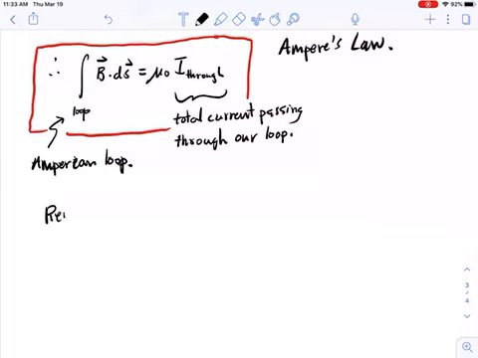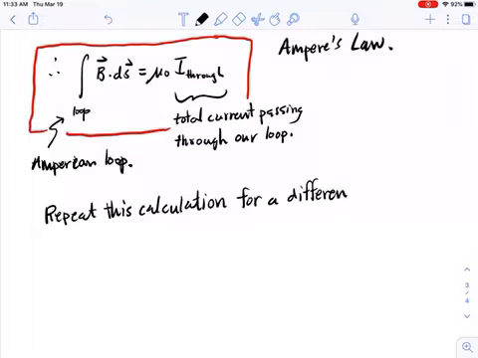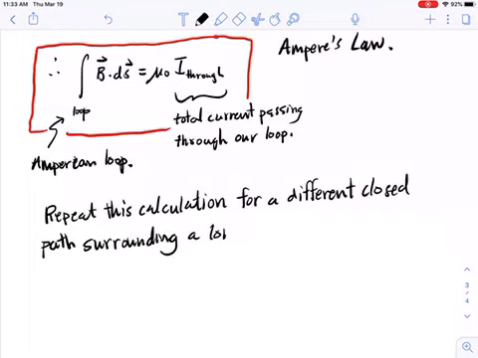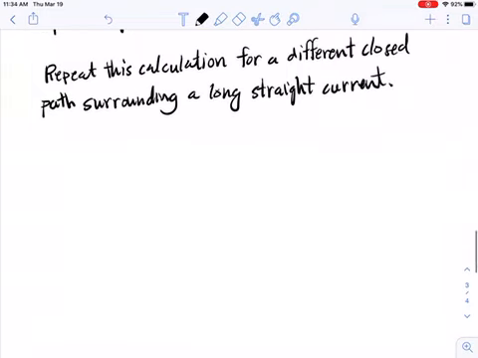So let's repeat this calculation for a different closed path surrounding a long straight current. So again, I'm going to be a bit careful about what kind of path that we work with.